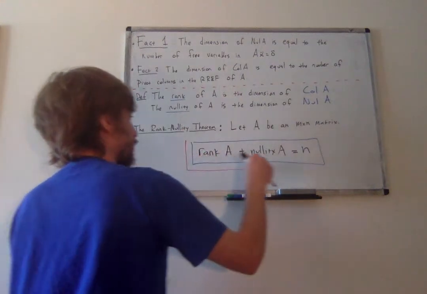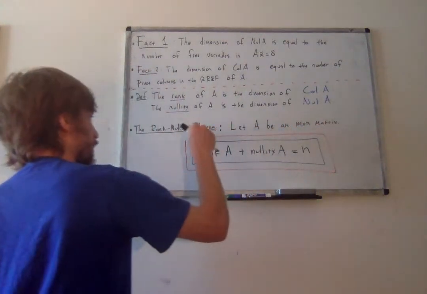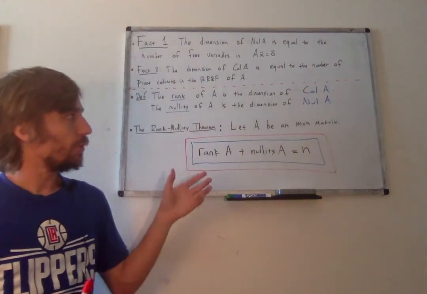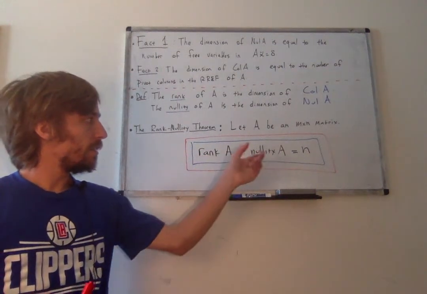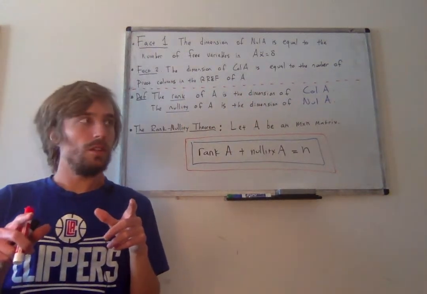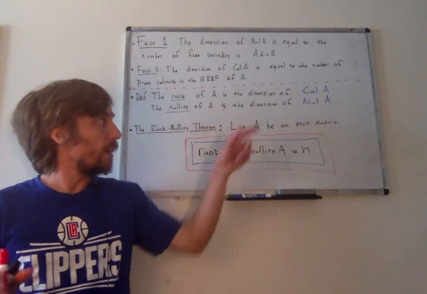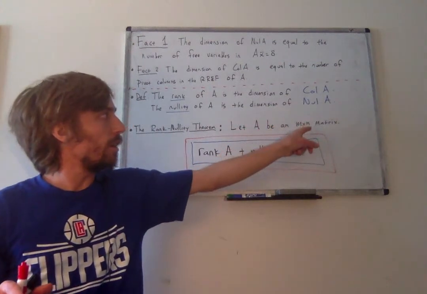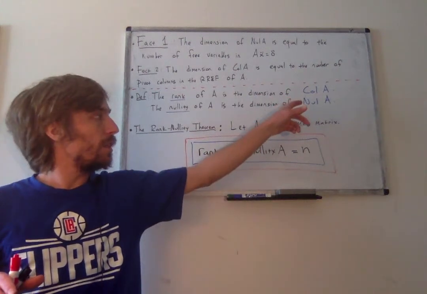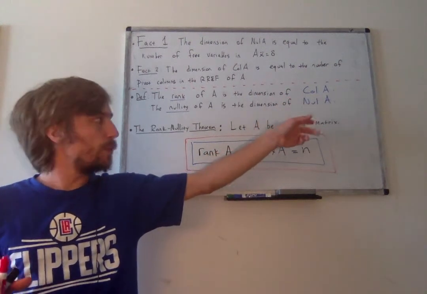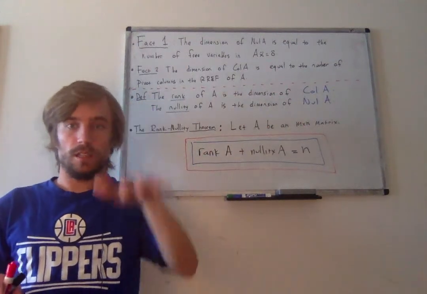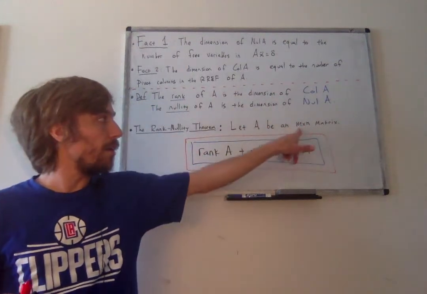What's so cool about this is that, first off, the column space and the null space of A are in different dimensions. The null space is a subspace of Rn, but the column space is a subspace of Rm, because the columns of A have length equal to m.